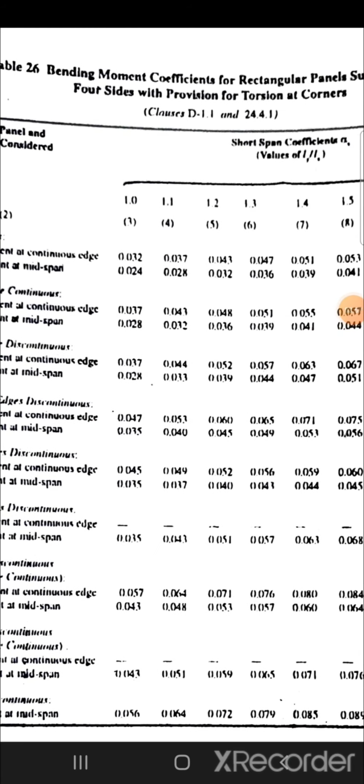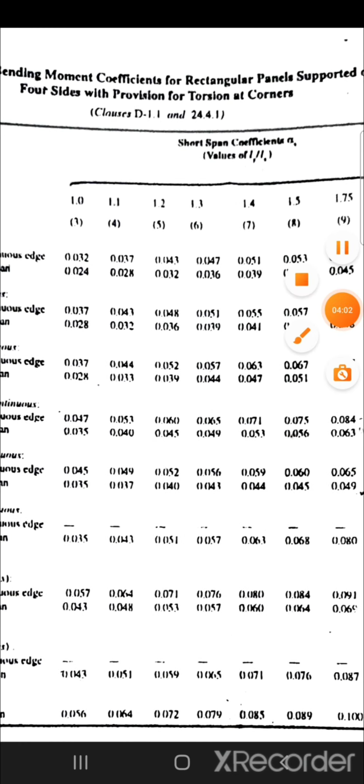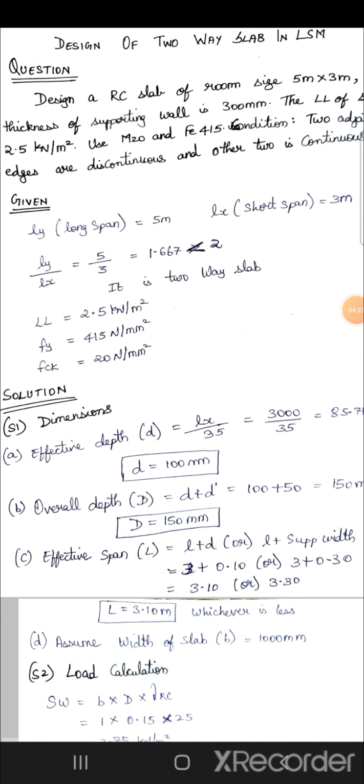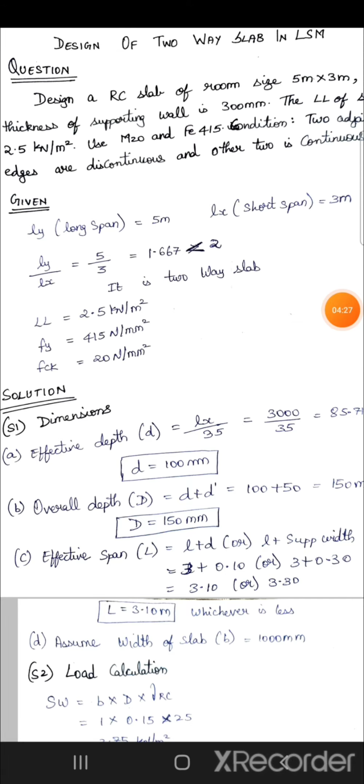So in this we have to take the value of short span alpha x by referring to the answer which we have got, Ly by Lx. We have got 1.667 as answer. Here it is.